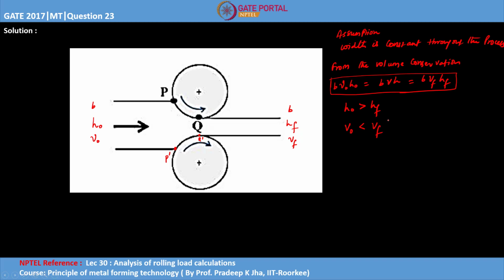That is, the final velocity of the slab exiting from the roll mill is more than the entrance velocity.